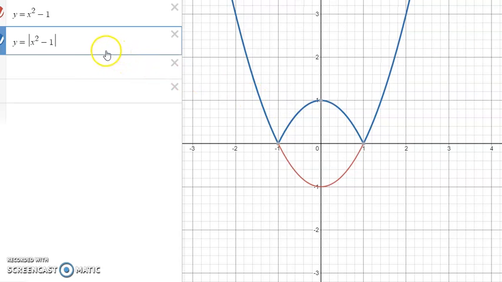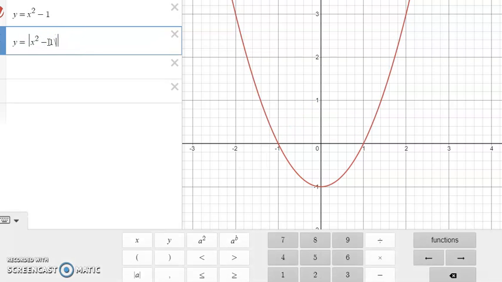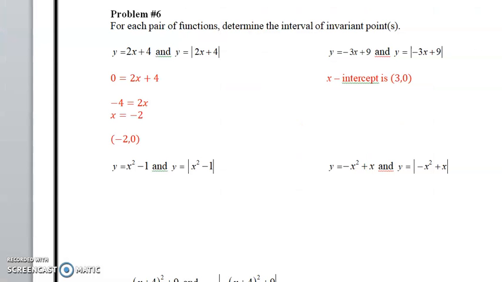The interval of all the points in between, remember, you take that away. All the points that have remained the same are all the x values less than negative 1 and there. So that's how you obtain those.